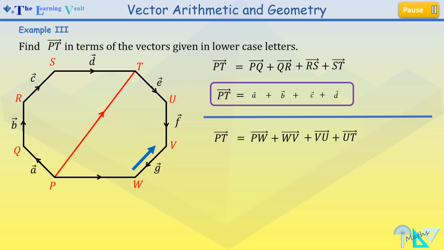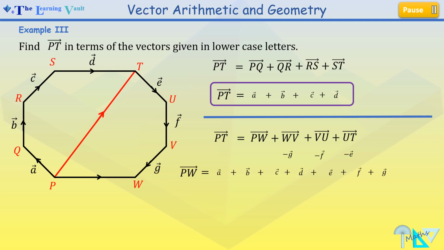So since we're looking at WV, we have a negative vector of minus g. And the same applies to VU, which gives us a negative vector of negative f. And the next one, UT, gives us a negative vector of negative e.